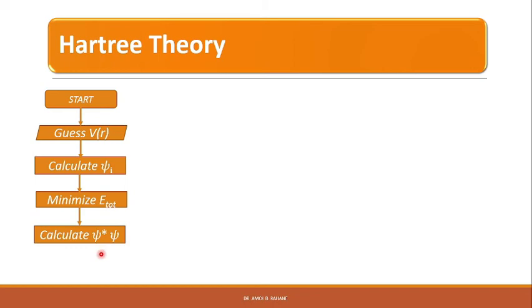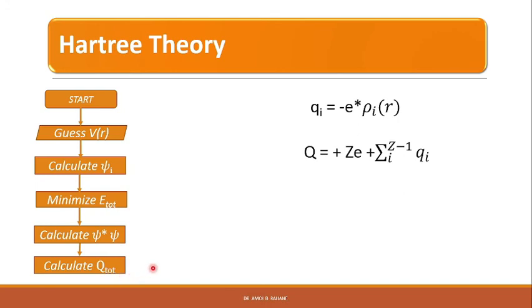And from that, we calculate the probability density, and from probability density, we calculate the total charge distribution. The total charge distribution for the atom means the nuclear charge plus the charge of all the Z minus 1 electrons. So this net charge is experienced by the typical electron.